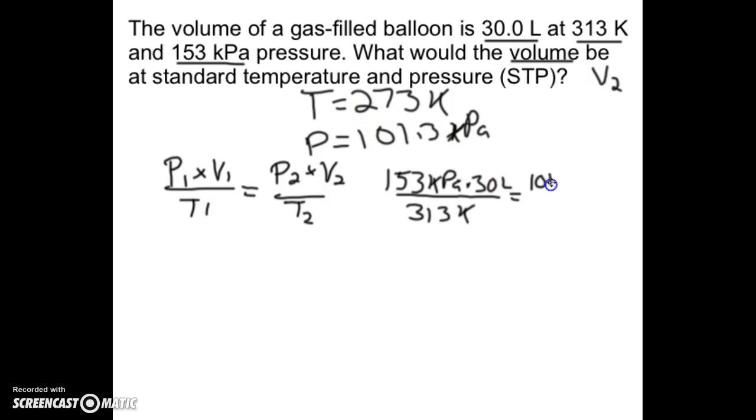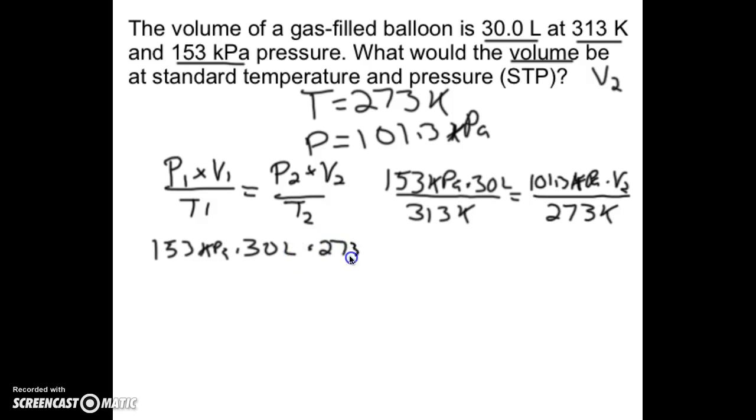All right, on the 2's now, this is where we put in the STP conditions. So P2 is 101.3 kPa. V2 is what we're solving for. And then T2, 273 Kelvin. Now we just cross multiply and divide again to solve for V2. So it's 153 kPa times 30 liters times 273 Kelvin.